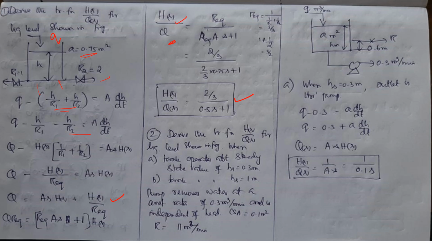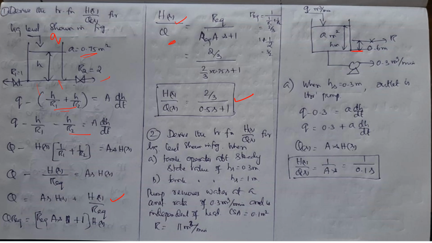So one more system. In this system, this is the inflow. Here also we have two outflows. One is the pump. The pump is constant. If you have a resistance on this, it is varying, but this is a pump, which is a constant flow rate. And here, for the pipe, the resistance is given, or it is built in, 0.6 meter above the base of the tank.